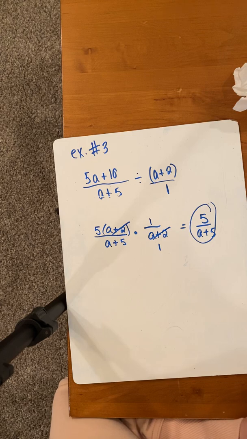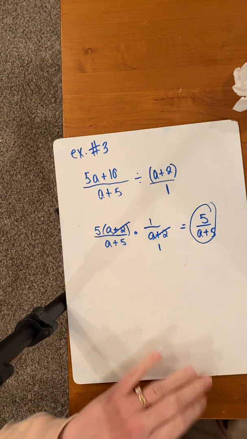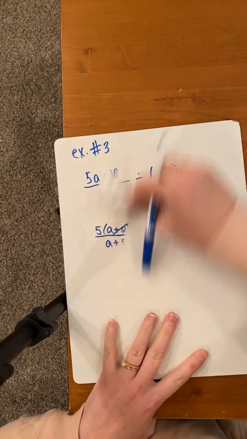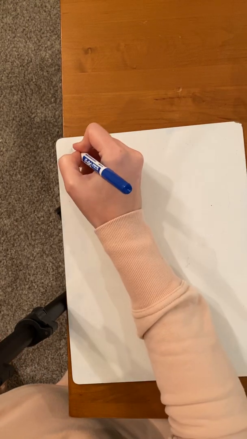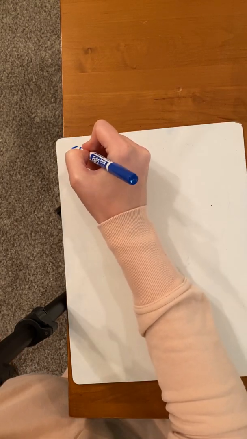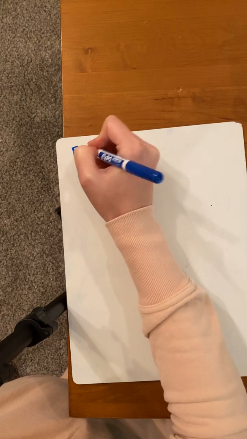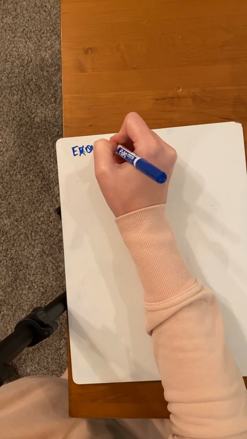Sometimes you must factor a quadratic expression before you can simplify the expression. So let's look at example number 4. Oops, that's an x, and that needs to be an a.